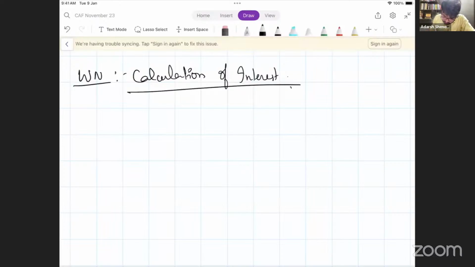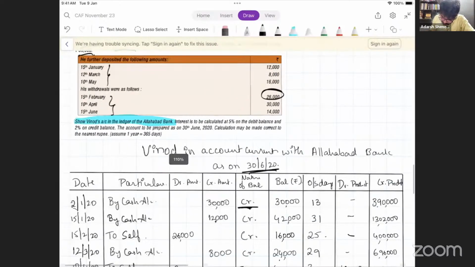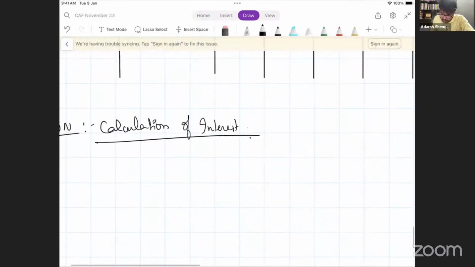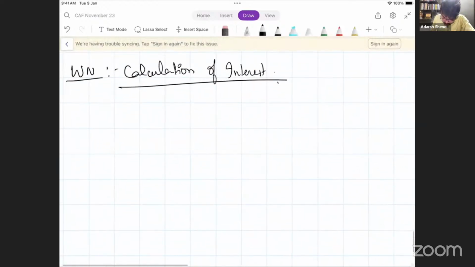Okay, calculation of interest. Now see, they have given over here, interest is to be calculated at 5% on debit balance and 2% on credit balance. So first we will do interest on debit balance. Debit balance interest means it is interest on asset.